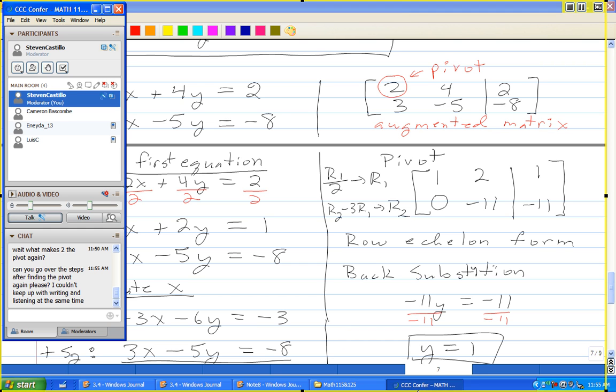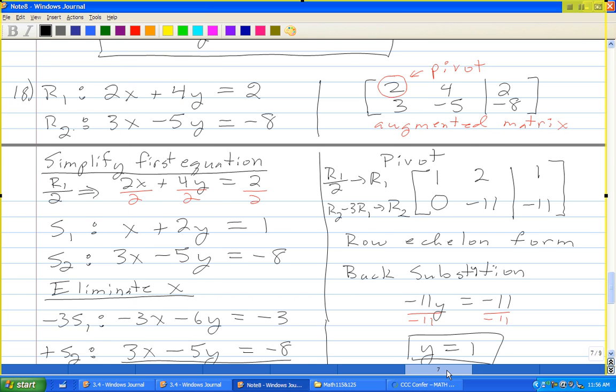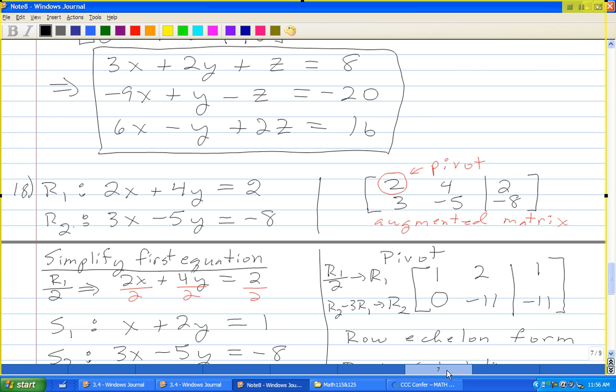Can you go over the steps? Yes. Sure. So the steps are, first you rewrite your equations as an augmented matrix. Next, you determine your pivot element. Your pivot element is the first non-zero number.